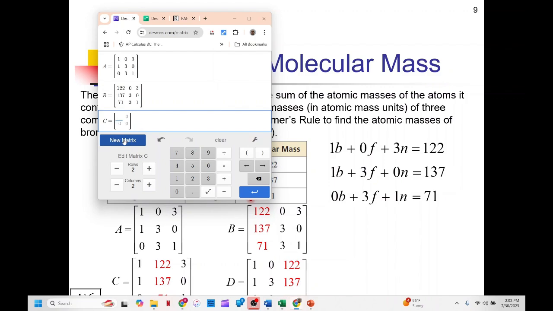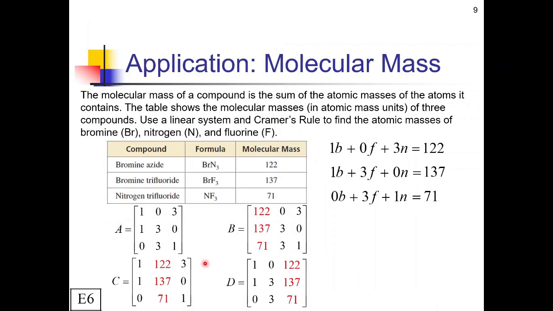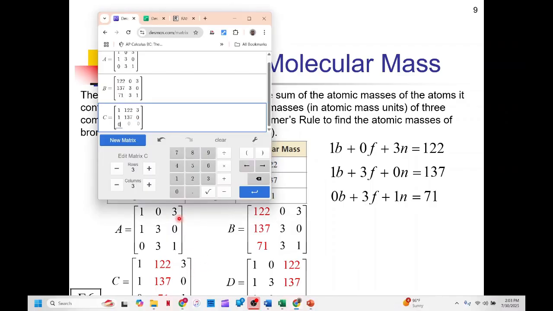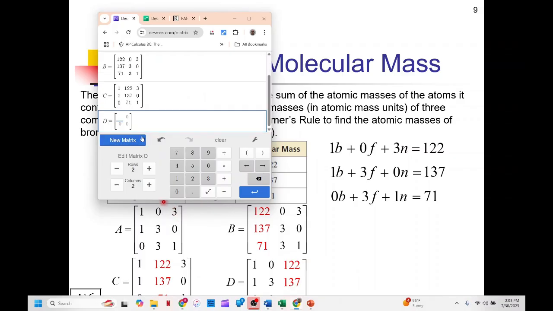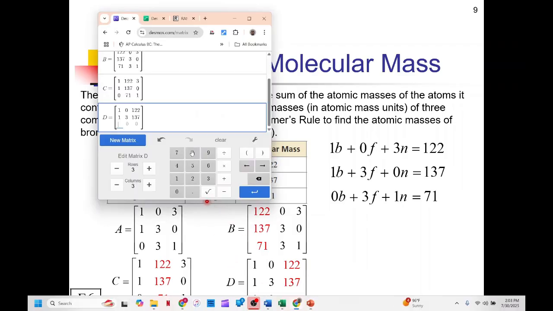Now for the C matrix, 3x3. We've got 1, 122, 3, 1, 137, 0, and I need to see down here, we've got 0, 71, 1. And finally, the D matrix, 3x3, that's 1, 0, 122, 1, 3, 137, and we've got 0, 3, 71.